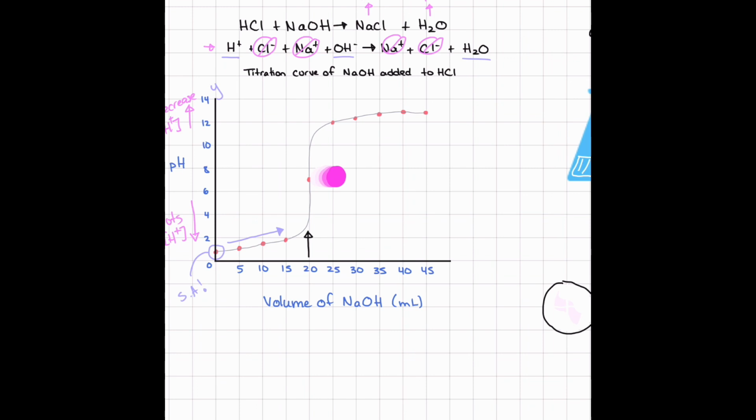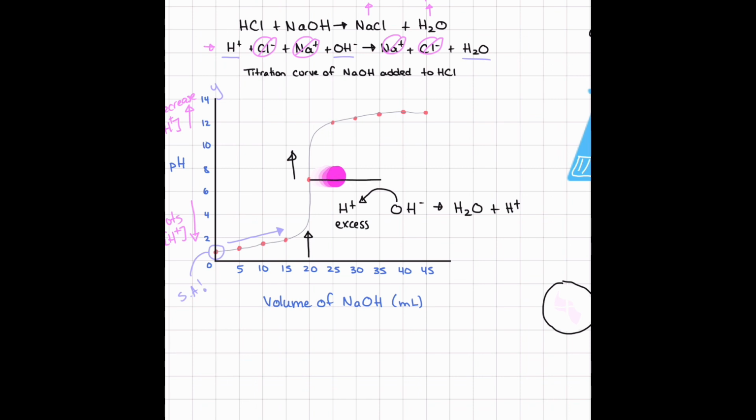As we approach the 20 milliliter mark for addition of NaOH, we see something drastic happening. The pH starts to shoot up, and what does that mean? Well, we know we have an excess of H+ ions here. So every time we add NaOH and we get that OH, it's going to quickly grab one of these H+ ions and turn itself into H2O. But remember, we have excess H+, so there's still going to be some H+ here.